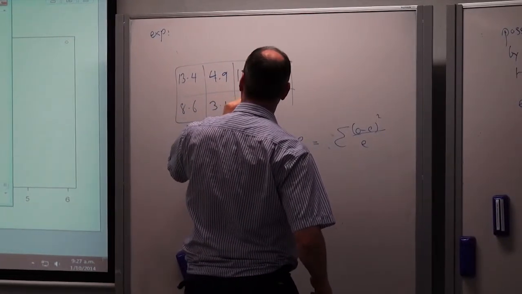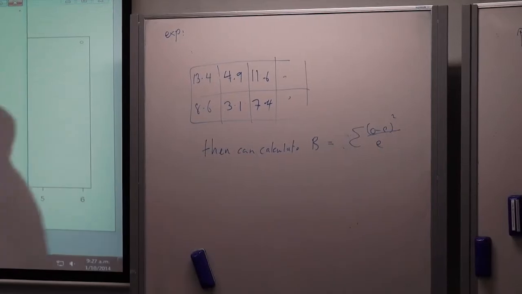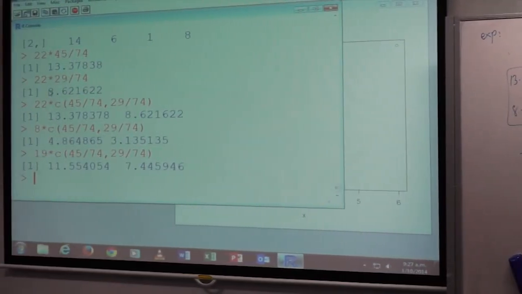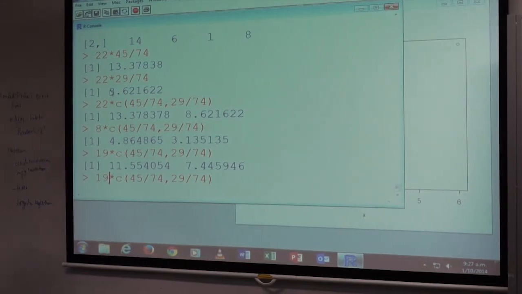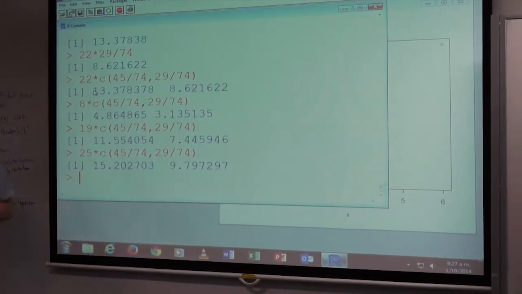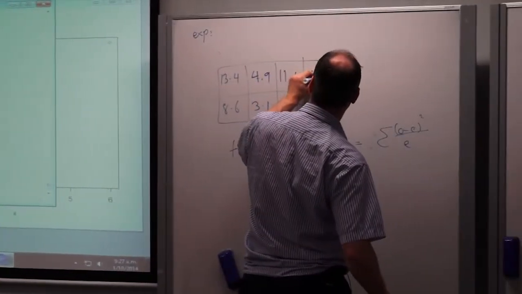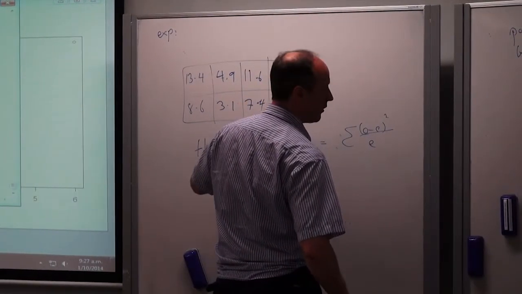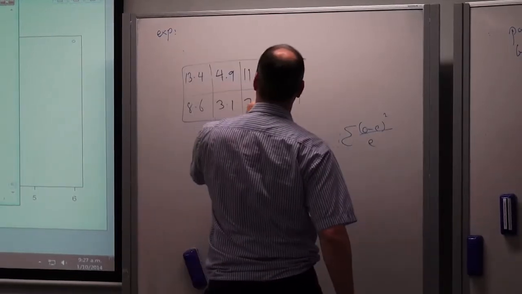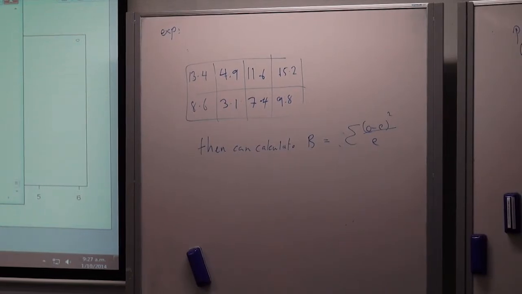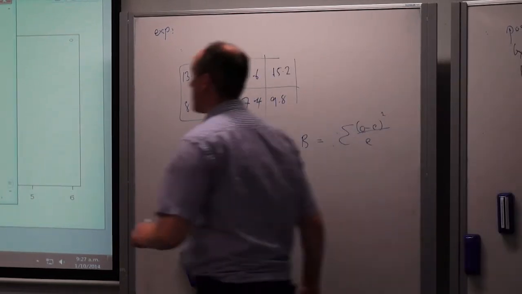And the final one's 25, is that? Here. 15.2, 9.8. So you see the row sums and the column sums are the same for the observed and the expected, and we can work this out.